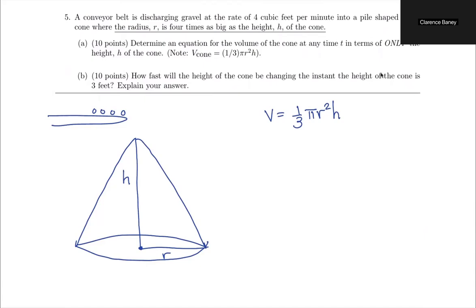And in these types of problems, you have to assume that all of these variables are implicitly functions of time because they're all changing. Think of it as, as gravel falls, the height of the cone is going to be changing, but so too are the dimensions, the radius, and what have you.